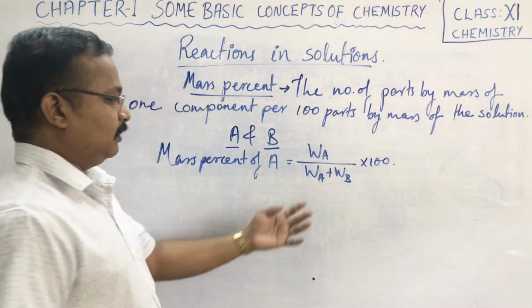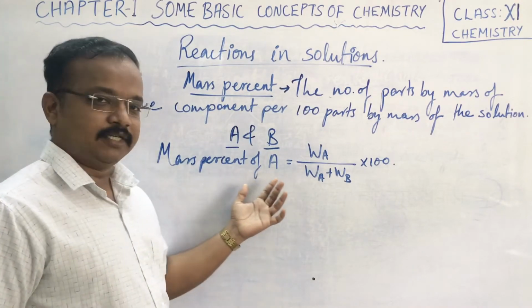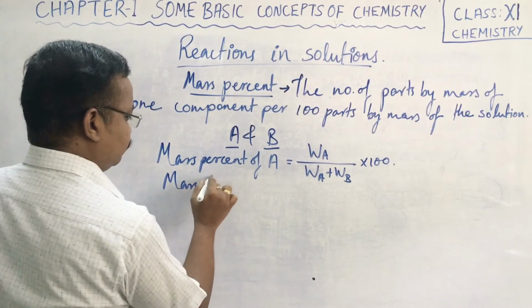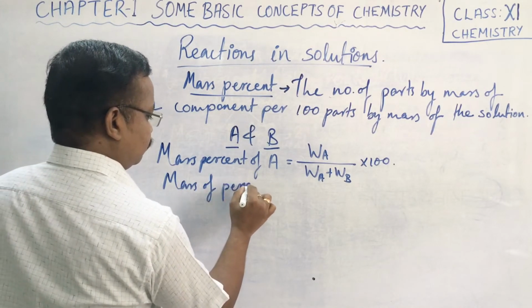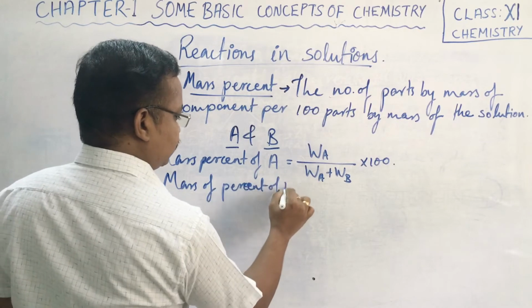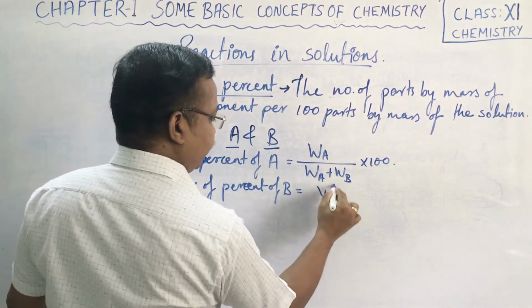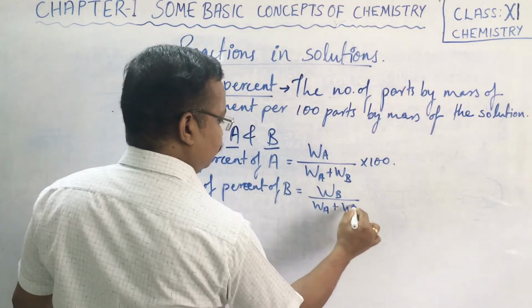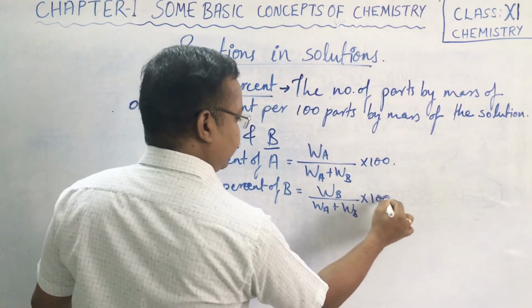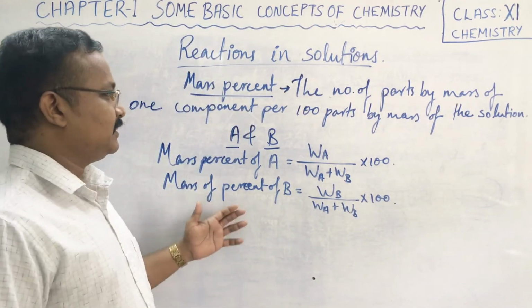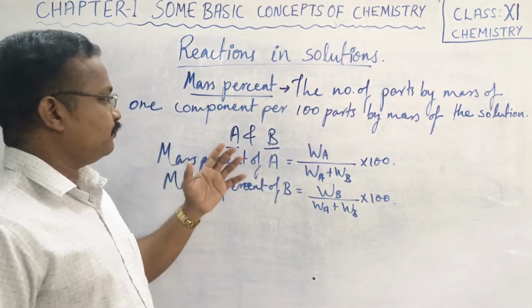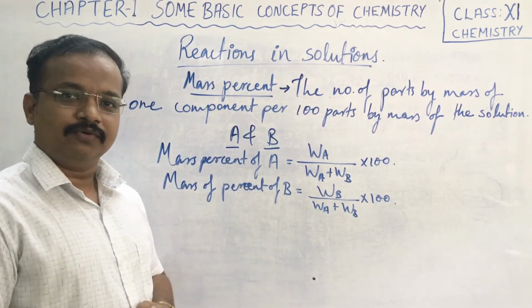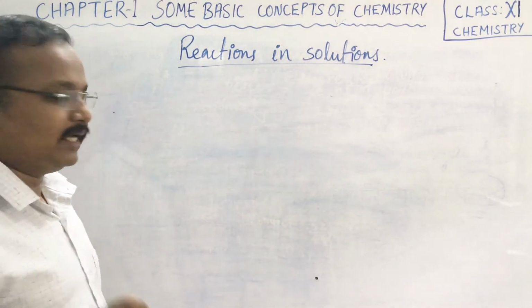So by this formula we can calculate the mass percentage of A, and the mass percent of B we can find by WB upon WA plus WB into 100. So children, mass percent is the number of parts by mass of one component per 100 parts by mass of solution. Let us do an example.